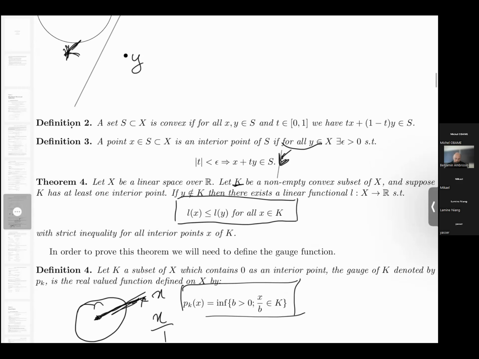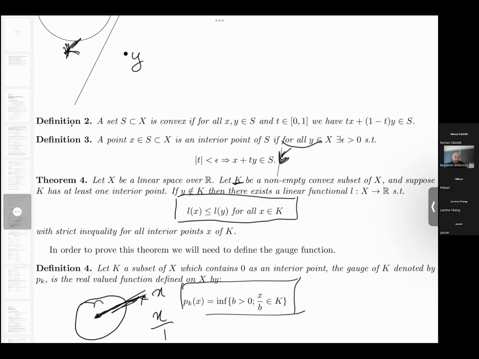We start with a subset K, and we assume that 0 is an interior point of K. Then the gauge of K that we denote by Pk is the real valued function defined on X by Pk of X is the inf of all the positive B such that when you divide X by B, you belong to K.